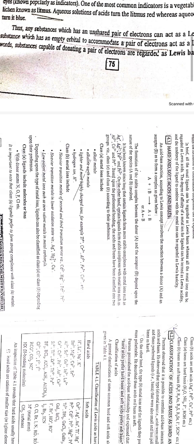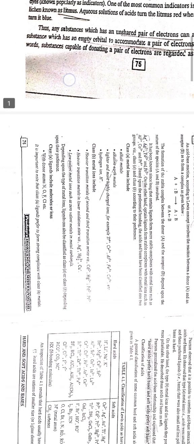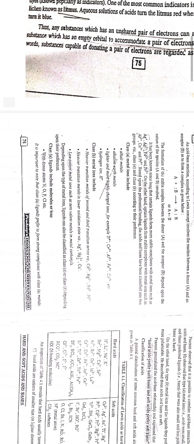Class B metals include heavier transition metals of the second and third transition series, such as Cd2+, Hg2+, Pd2+, Pt2+. Also heavier transition metals in lower oxidation state, which is Ag+, Hg2+, Cu+. And low valent metal ions such as zero valent metals in metal carbonyls.